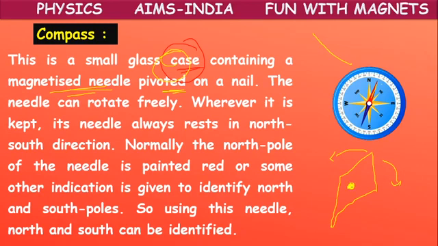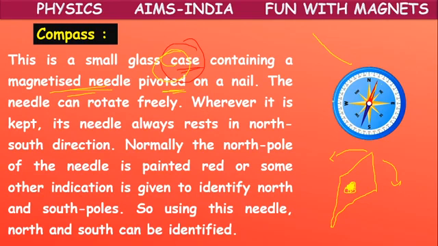Making the nail the center, it will move around the nail towards that side or this side; it can be moved freely. That kind of magnetic needle was there in that compass.